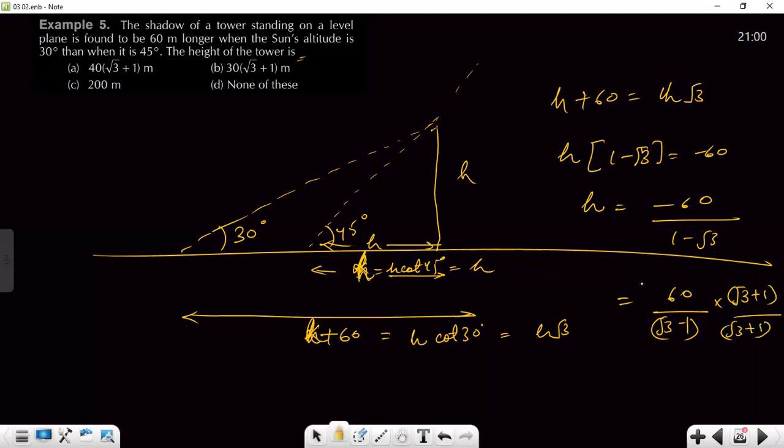Root 3 minus 1 into root 3 plus 1 is a minus b into a plus b, which becomes a square minus b square. Root 3 square is 3 only, so 3 minus 1 is 2. 60 by 2 is 30. So 30 into root 3 plus 1. That is our option B, the correct option. Clear? Any doubts?